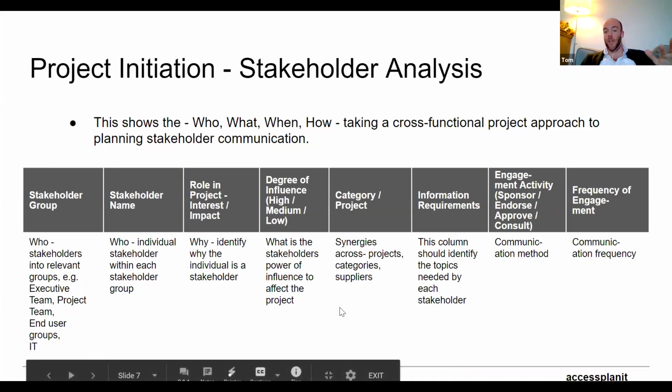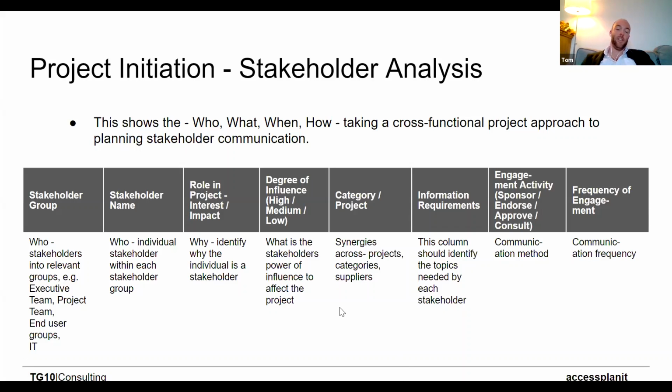They might be the project sponsor at a very senior level, or someone resistant to it with informal influence, or a super user who can be an advocate of the project moving forward. To gain the buy-in of those people who can influence early, you can understand it just by using this sort of layout.